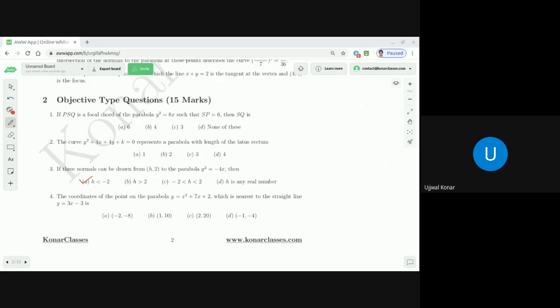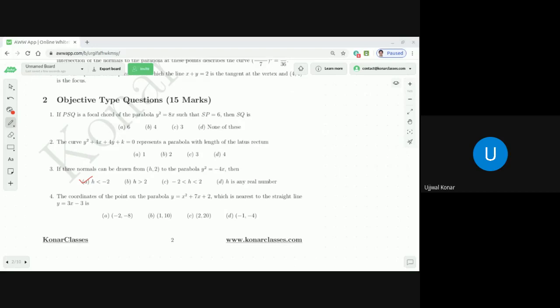Now, what is the generic equation of the normal to the parabola y² = 4ax? It is y = mx - 2am - am³. But in our question, a is equal to 1, so the equation becomes y = mx + 2m + m³. Correct or not?